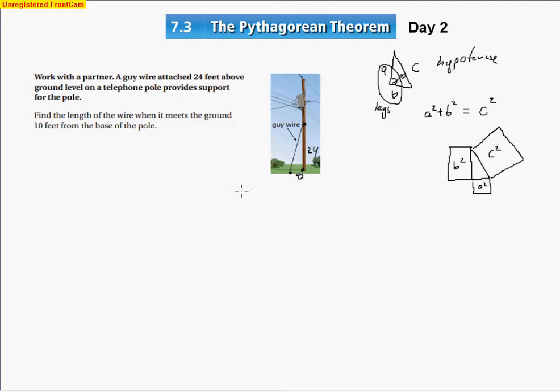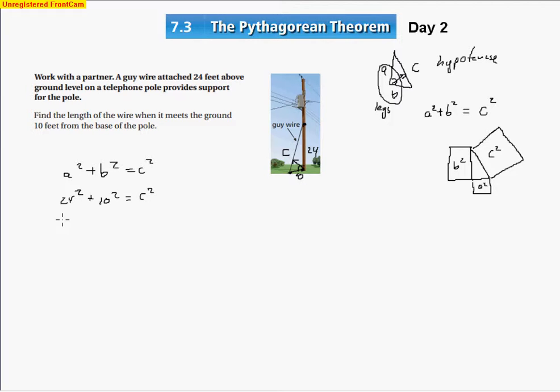So what we've got is a right triangle. You can actually see it right in here. So there's my right triangle, and we're trying to find the side opposite the right angle. That's your c term, so the guy wire is the c value. So we're going to take our formula, a squared plus b squared equals c squared, and we substitute. We've got 24 squared plus 10 squared equals c squared.